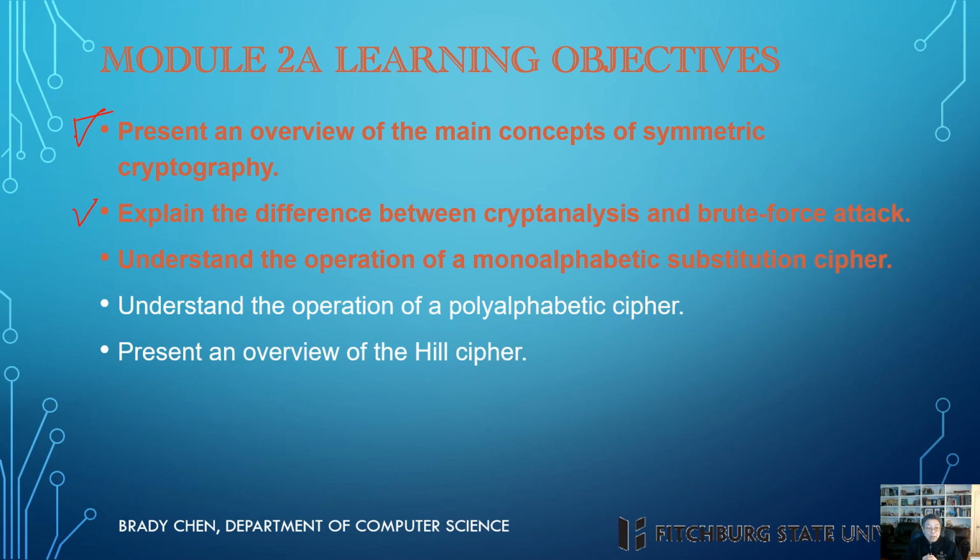Okay, and then we will explain the difference between general cryptanalysis and the brute force attack. Okay, now also we will discuss and understand the operation of the monoalphabetic substitution cipher. Okay, this is one of the techniques which extends the classical Caesar cipher.